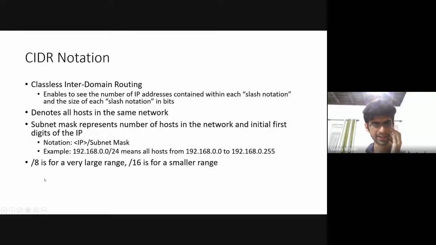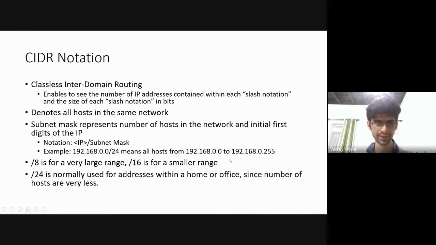So /8 will be used for a very large range, so basically these 3 octets will be used. /16 will be using only these 2 octets, and /24 will be using only this last octet. So only this last octet is being changed in /24. In home networks and small office networks, we'll be using /24 to address the full set of hosts.